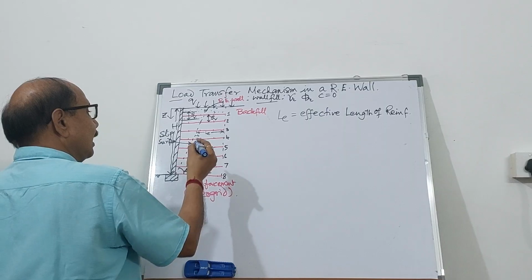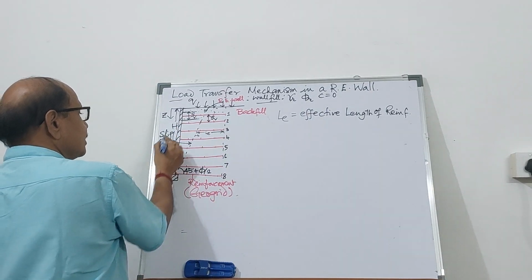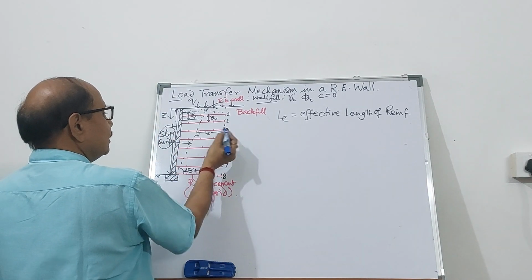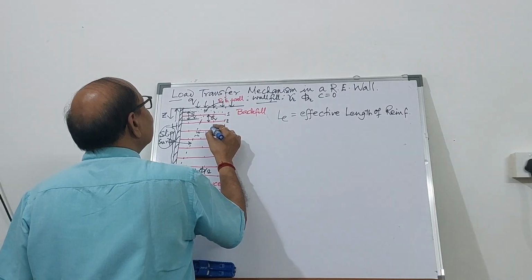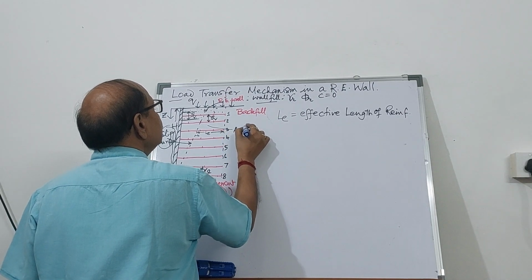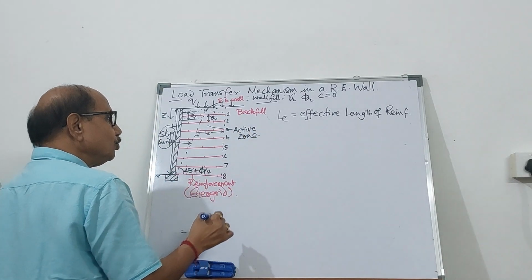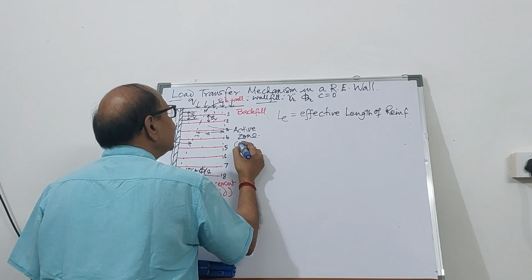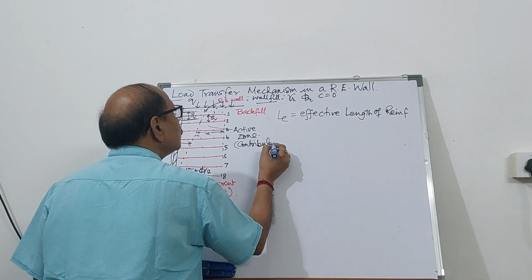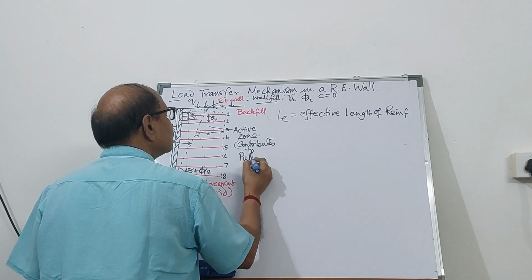So LE, and this zone, the right side of the slip surface, is called the active zone. Why is it called the active zone? Because it contributes to pull-out resistance.